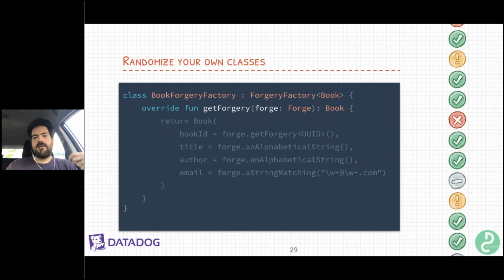And based on that, I can generate my own book object. So I can generate a book ID, a title, which is going to be an alphabetical string, or even use a regex to generate an email. And this will mean that it's going to generate a string that matches this regex exactly.